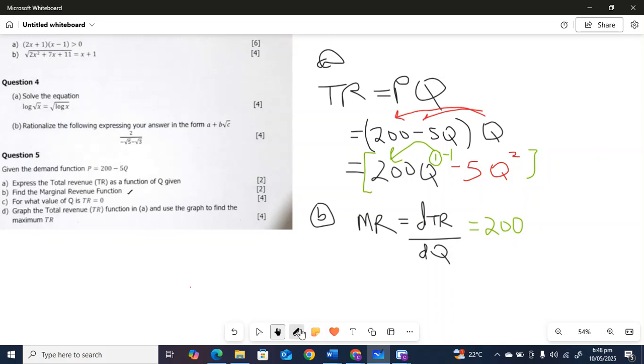Then this 2 multiplied by negative 5, that's negative 10. Subtract 1 from the exponent. So 200 minus 10Q. This is our marginal revenue function. Any questions?